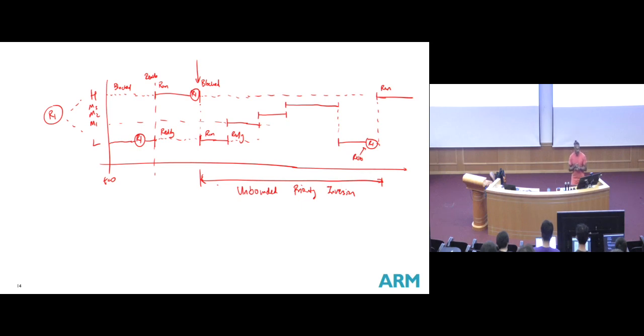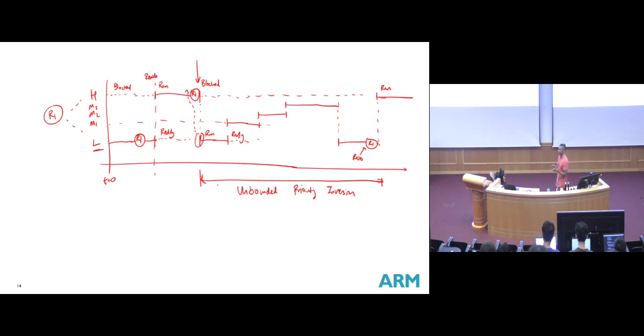The high priority task is blocked waiting for the resource. So at this point, the OS will temporarily make the low priority task move up to the same priority level as the high priority task. So it temporarily inherits a higher priority.